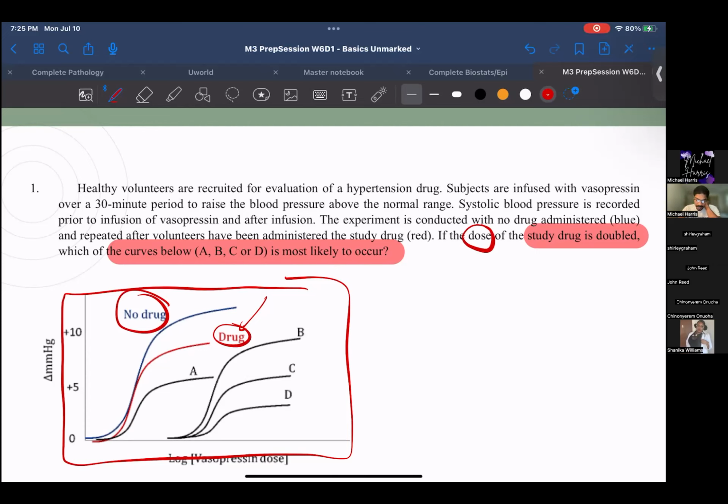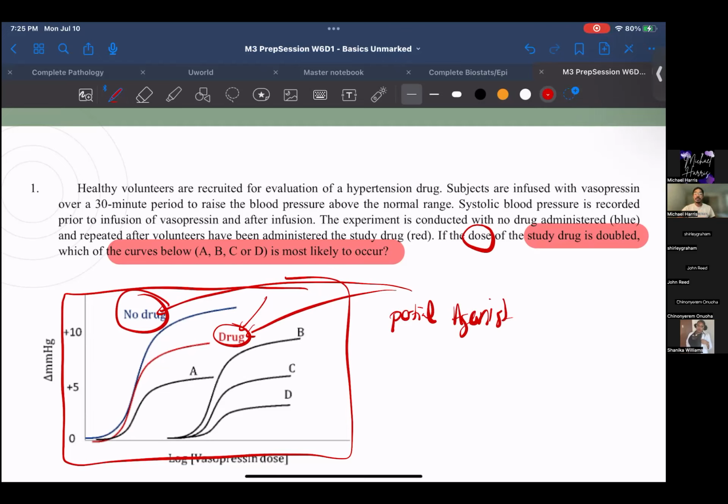So the big thing you have to get here is you see here no drug to the drug. This is what is known as a partial agonist. We know it's a partial agonist because the efficacy is lower, but the Km, or potency, is the same.